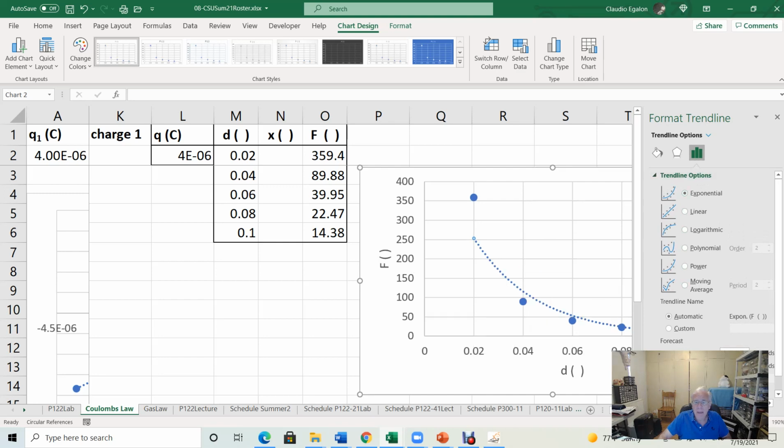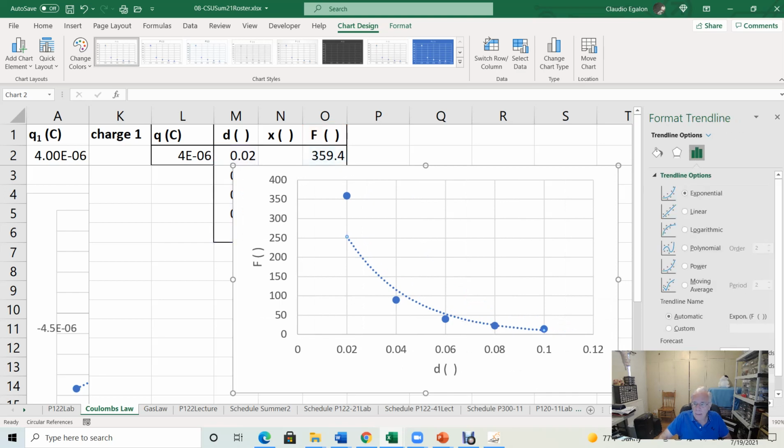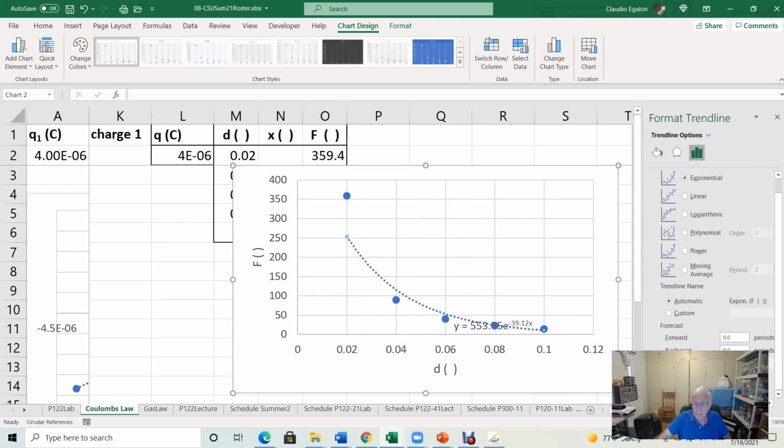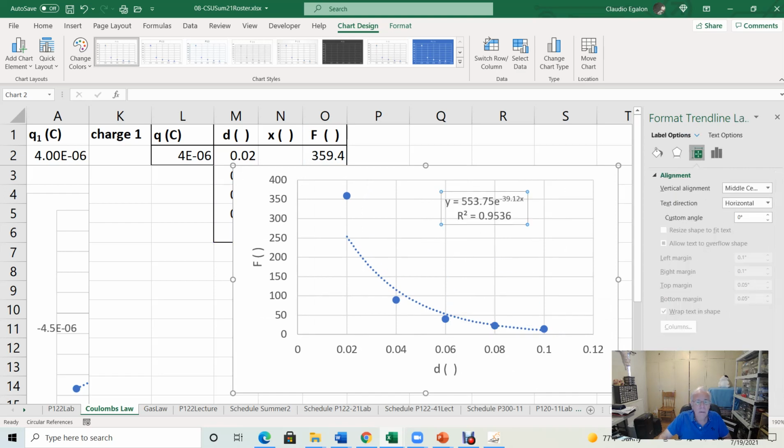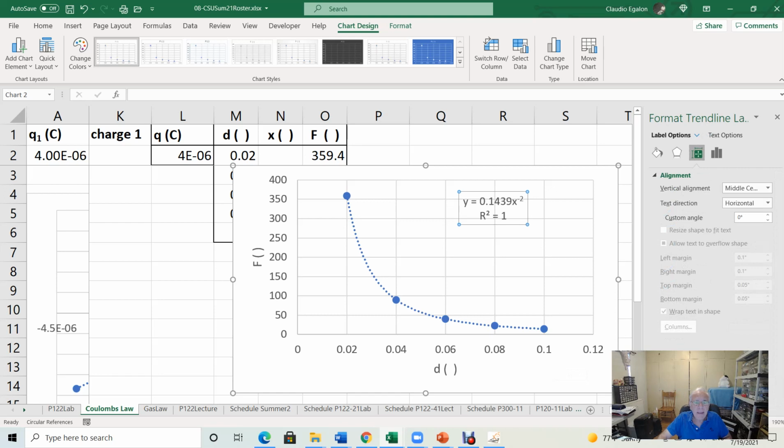You can try the exponential, and you display the equation on the chart, display the R² value on the chart, okay? And keep on trying. I know from fact that the power should fit better, right? See that? We are getting the inverse of the square for the D. And I even get the coefficient in front of it.